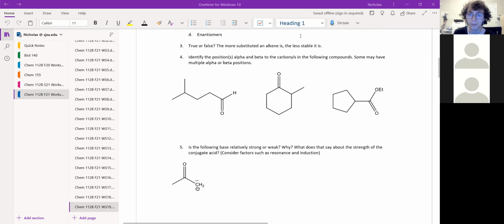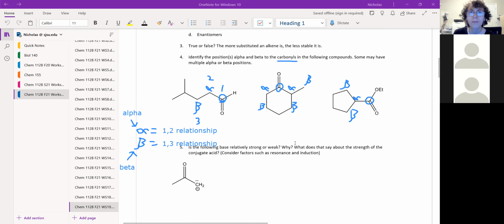Alpha beta only refers to carbons, right? So we wouldn't count the hydrogen or the OEt. Well, theoretically, it can refer to other things, but in this class, it's only going to be carbons. So you could say this ester part is also alpha to the carbonyl, and you could say the oxygen is alpha, but you don't have to worry about using it in that way in the class.